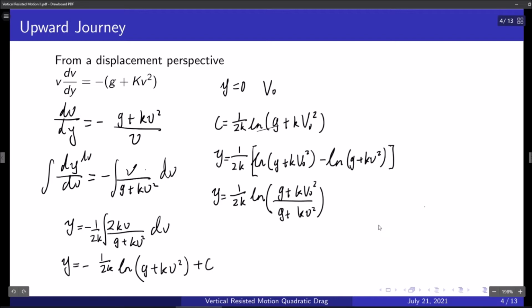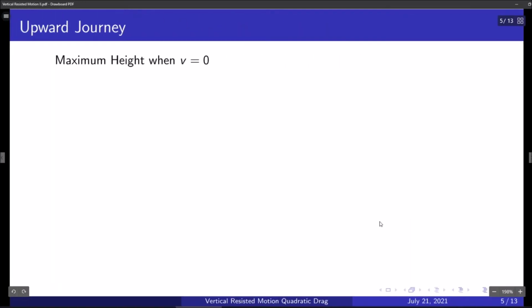Okay, so the next important result with the upward journey, of course, is the maximum height. Maximum height is when, obviously, velocity equals 0. So just imagine a particle rises up and then slows down gradually until it comes to a stop at the maximum height, and then it drops down again.